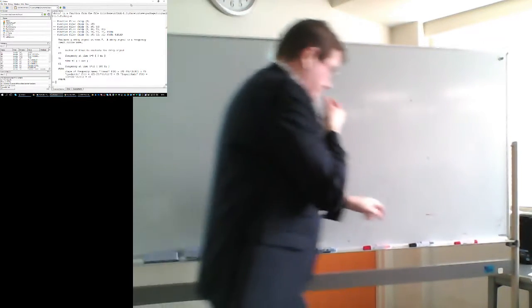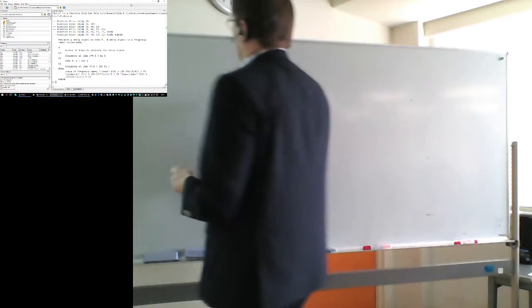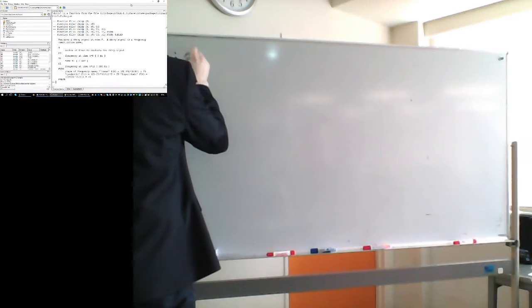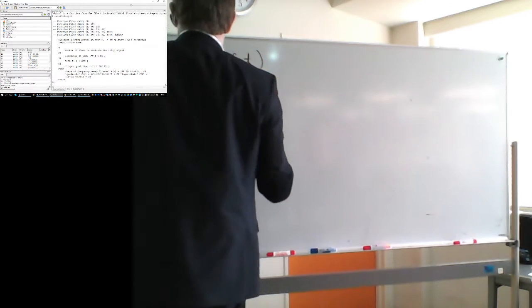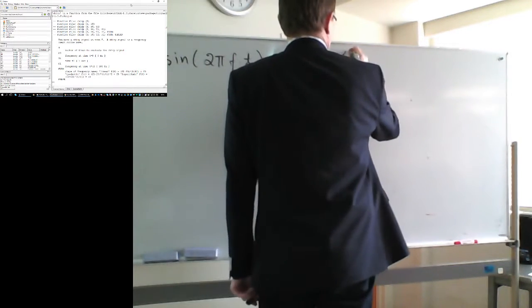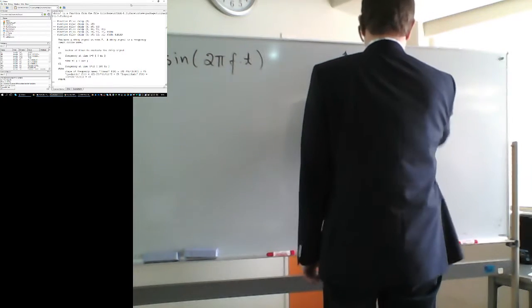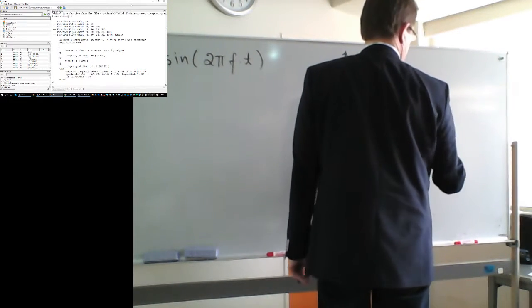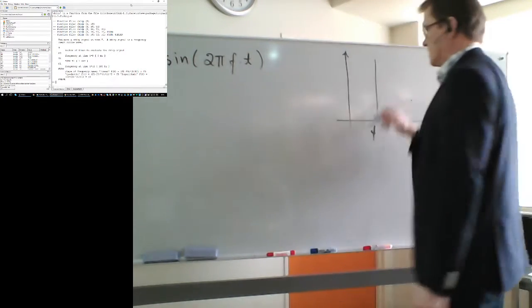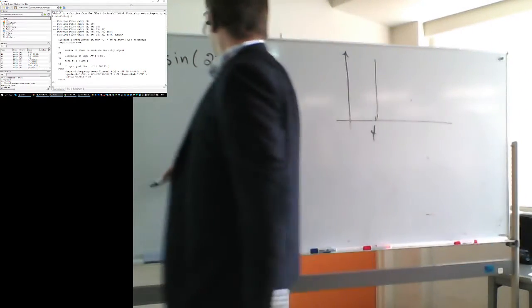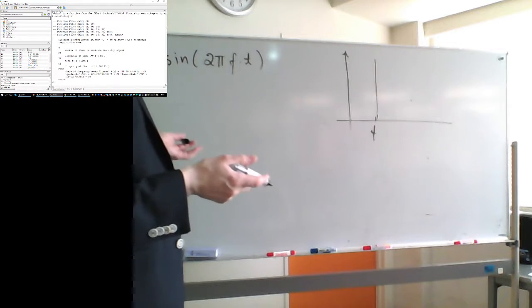Okay, so if we have a sinusoid, 2 pi f times t, that actually ends up being one single frequency in the frequency domain. One single frequency, or if you sample it has the envelopes here, but anyway, that's simple.